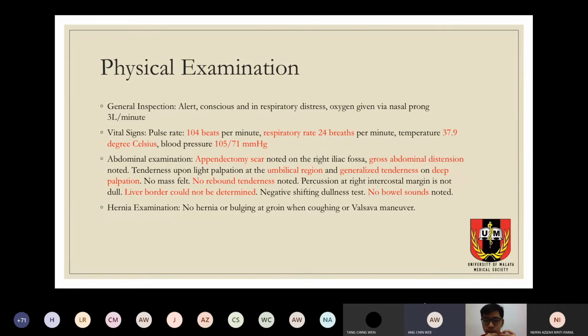But in other acute presentations, for example appendicitis, generally patients have a certain degree of ileus because it's an inflammatory condition in the abdomen. So you might not hear bowel sounds, or it doesn't mean the patient is obstructed. The patient might be having some degree of ileus because of other things like appendicitis, diverticulitis.